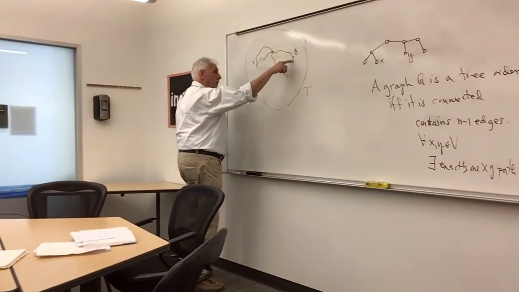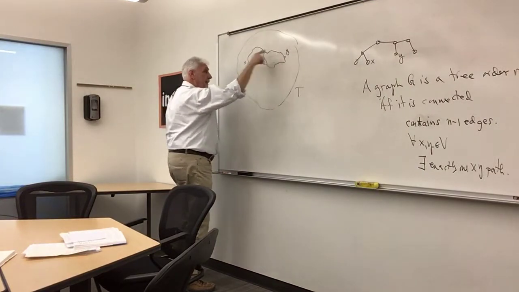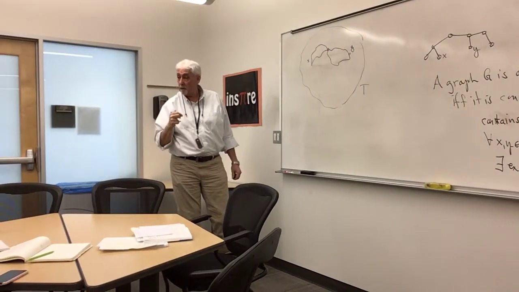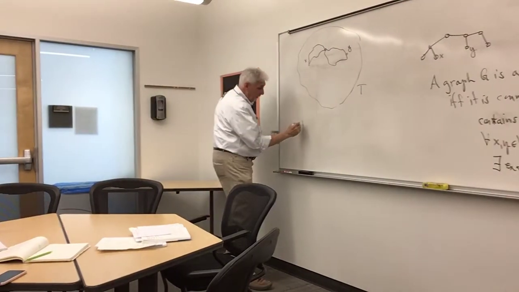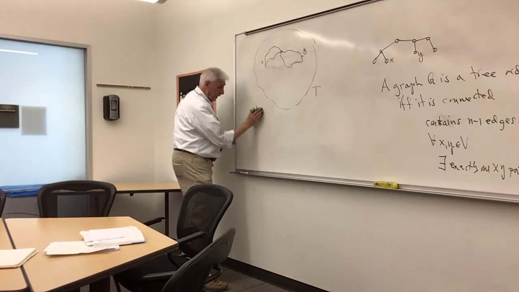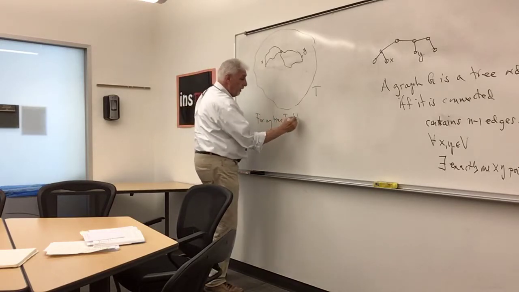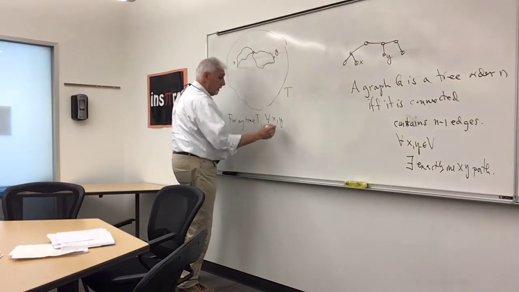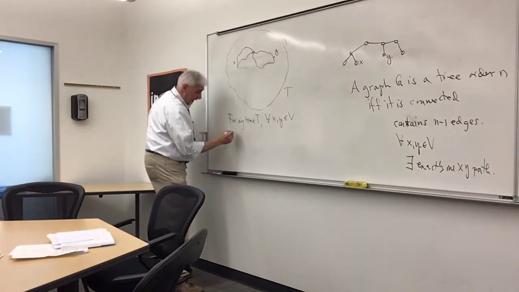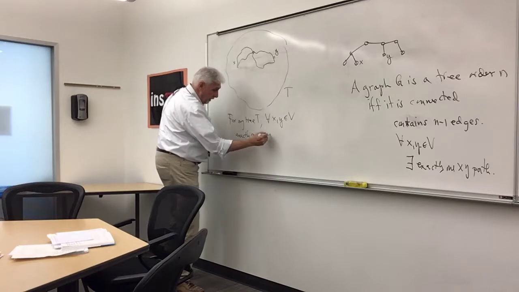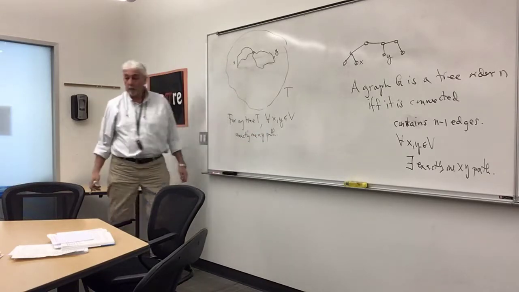A cycle. Okay, and what do we say a tree was? There's no cycles. Okay, so we get, in any tree T, for all pairs of vertices x and y in the vertex set, there's exactly one xy path.